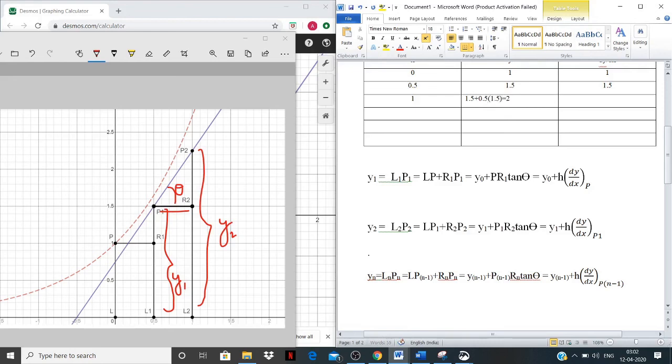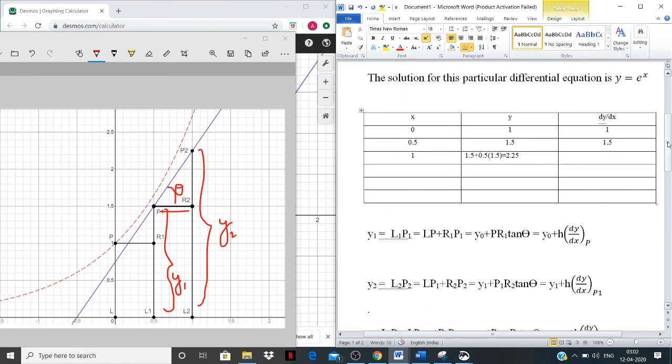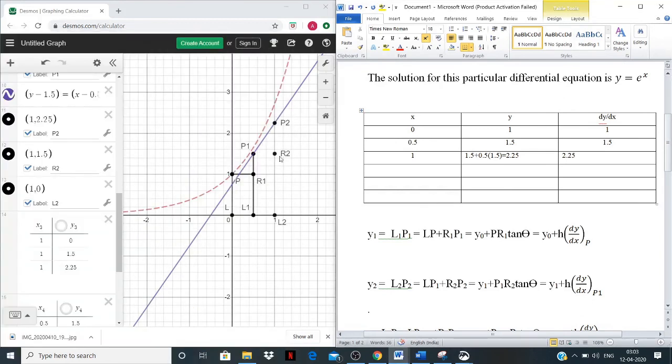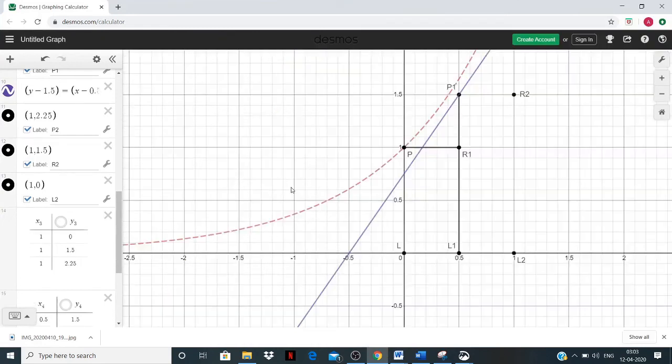So we'll get 2.25, and the value of dy by dx will also be 2.25, same as y.